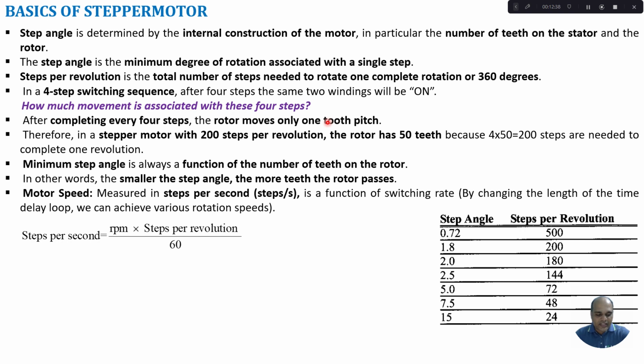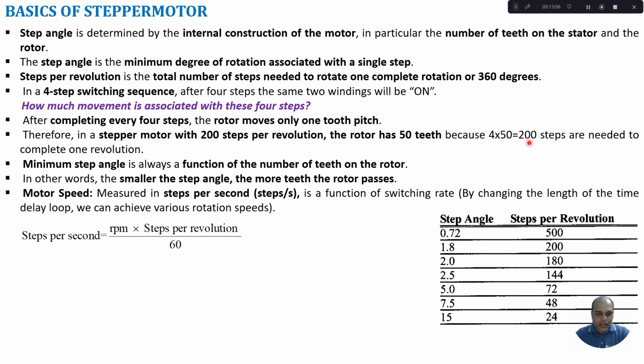First I will excite coil A, B, A dash and B dash. If I complete it, only one rotor tooth pitch will be moved. In order to get a 360 degree rotation, let us assume I have a rotor with 50 teeth. Each tooth movement will have 4 steps, so totally I should have 200 steps for the complete 360 degree rotation.